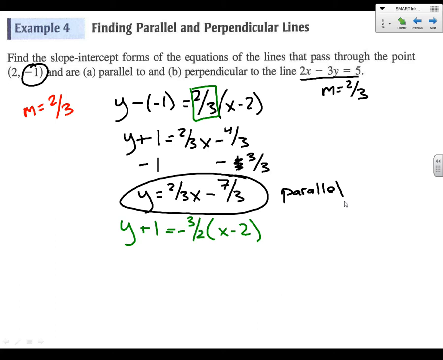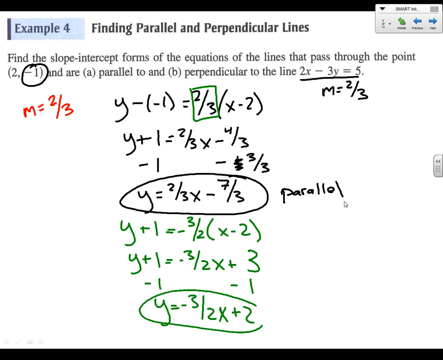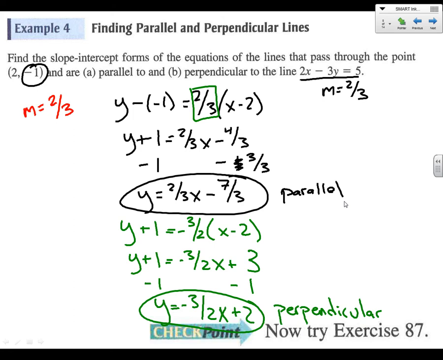Let's solve from there. y plus 1 equals negative 3 halves x plus 3. The 2's cancel out, and we'll subtract 1 and get y equals negative 3 halves x plus 2. And this is our perpendicular equation. All right, see if that makes sense for you. See if you can do problem 87.